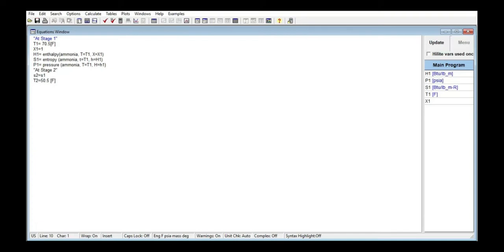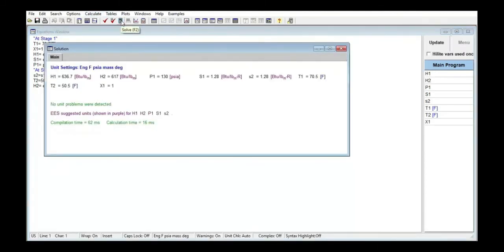Okay, we will calculate the enthalpy at this point as h2 equals enthalpy, ammonia. We mention the temperature at this point, T equals T2 and S equals S2. Okay, we will calculate it. Here comes the H2 as 617.